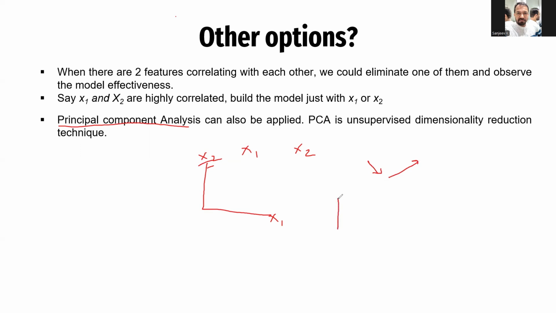So if you have a square like this, let us say this is my x1, this is my x2, and the variance is present in both directions. Now by using PCA, you'll try to reduce the variance of one dimension. If I reduce the variance in one dimension, I would have something of a stretch.